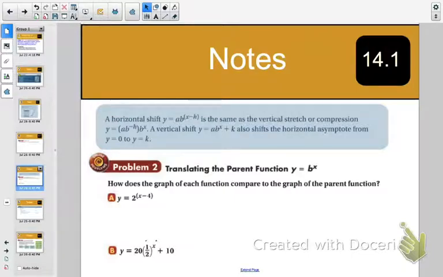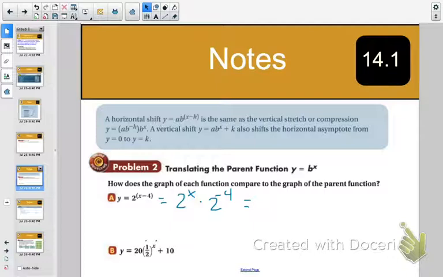For that other part, it's saying that you can rewrite this right here as 2 to the x times 2 to the negative 4. That works with exponentials because of the properties of exponents. Because these have the same base, you would just add the exponents together. So really, you could think of this as a horizontal shift because it's adding and subtracting with the x.